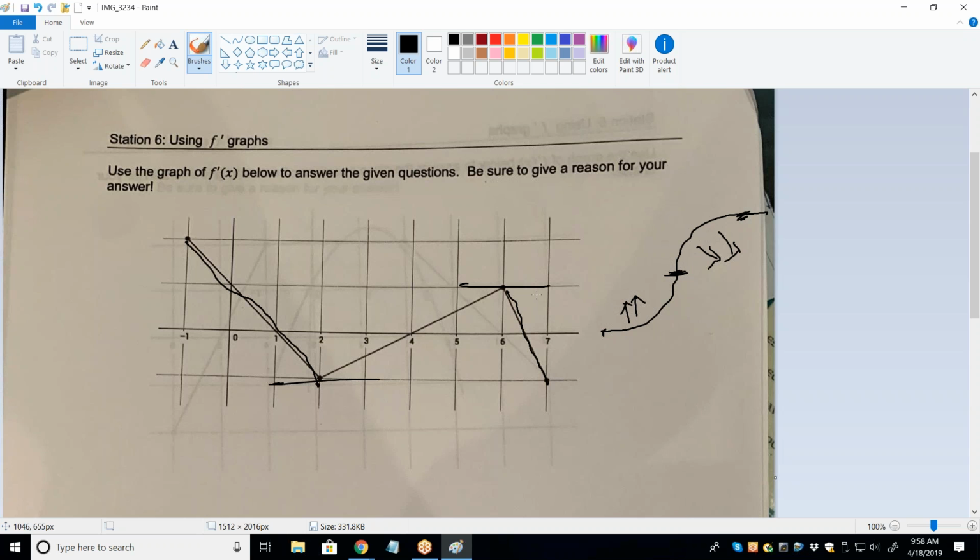I think the definition is truly that the inflection point is where it's either 0 or not defined. So these would be inflection points.